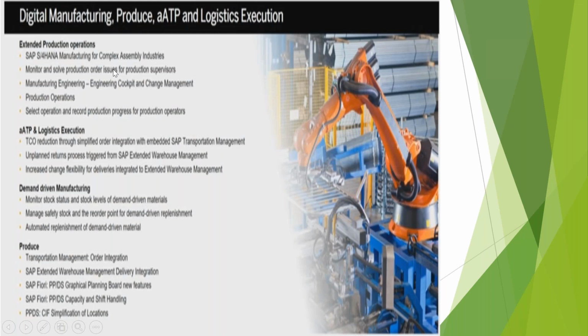For your complex manufacturing processes or assembling industries, if you have, which will have the integration now, where you can have the monitoring and solve production order issues, right? So similarly for your availability checks and logistics executions and demand derived manufacturing, right? Depends on the different types of businesses if you have.